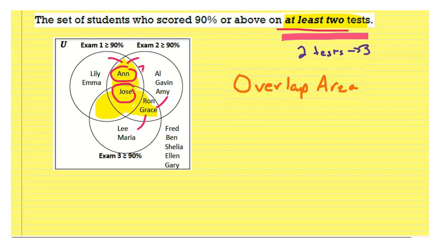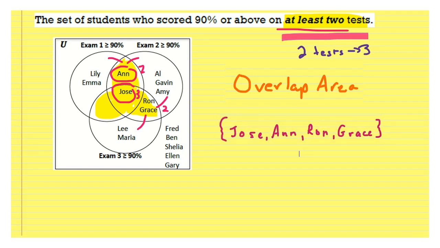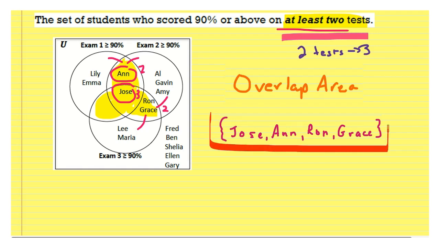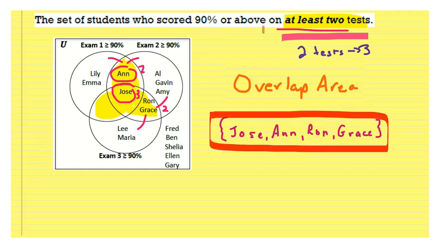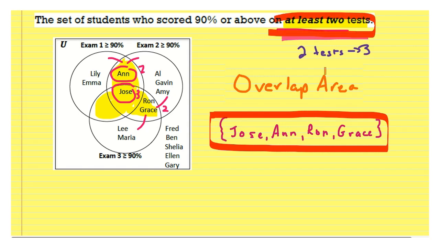So Ann is 2 tests, Ron and Grace are 2 tests, and Jose scored higher on 3 tests. So our entire roster is going to be these 4 names. This roster of Jose, Ann, Ron, and Grace is the roster that represents the students who scored 90% or higher on at least 2 tests.